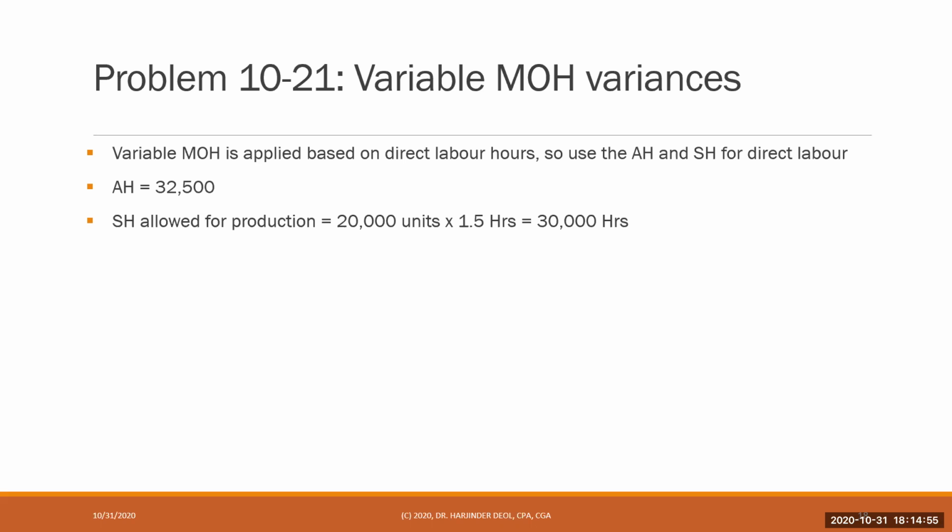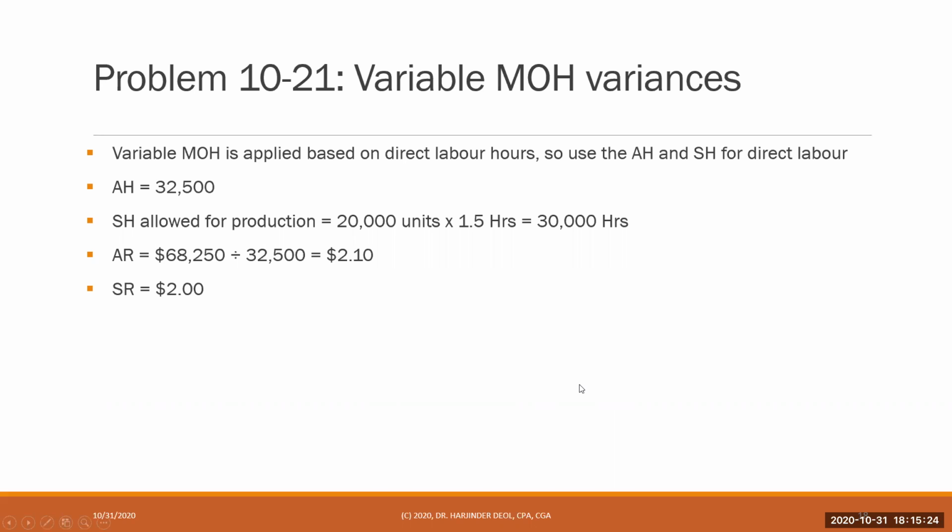The actual rate for variable manufacturing overhead was not given to us specifically, but we were told that the total variable overhead was $68,250, and given the actual hours of 32,500, we get an actual spending rate of $2.10 per hour. The standard rate is $2 according to the standard cost card.